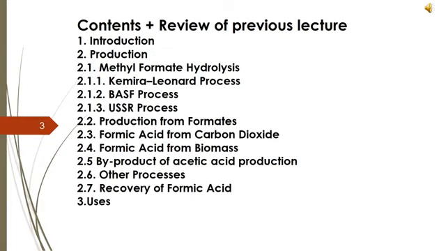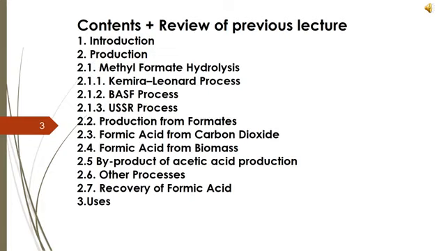In reactor B, what was done? Methyl formate, which was produced by the reaction of the reactants in reactor A, that whole discharge from reactor A was fed into reactor B. That is mentioned as the methyl formate reactor.